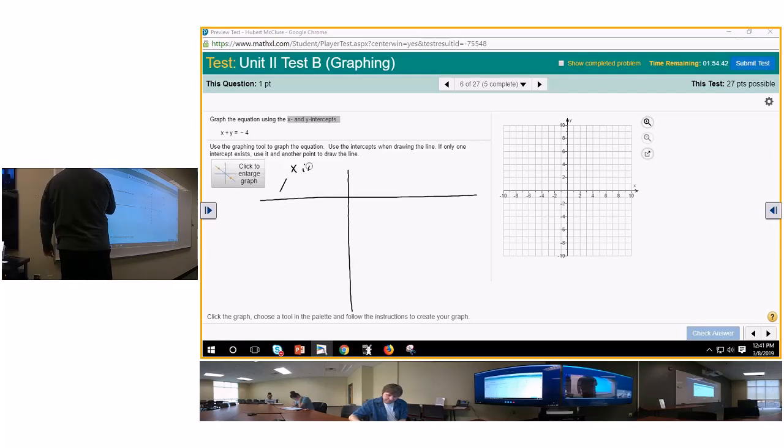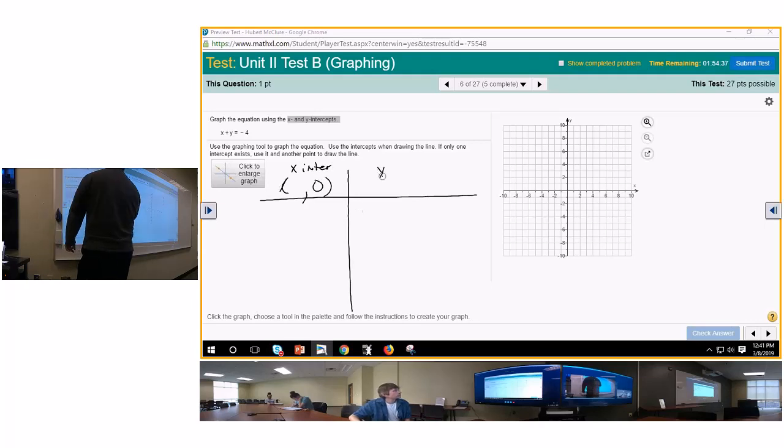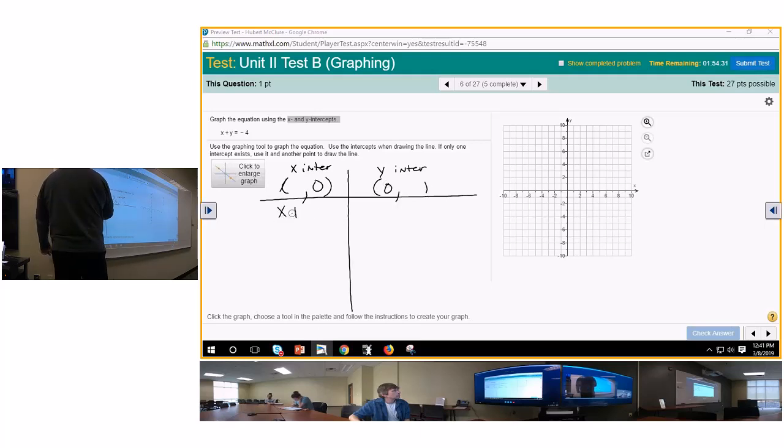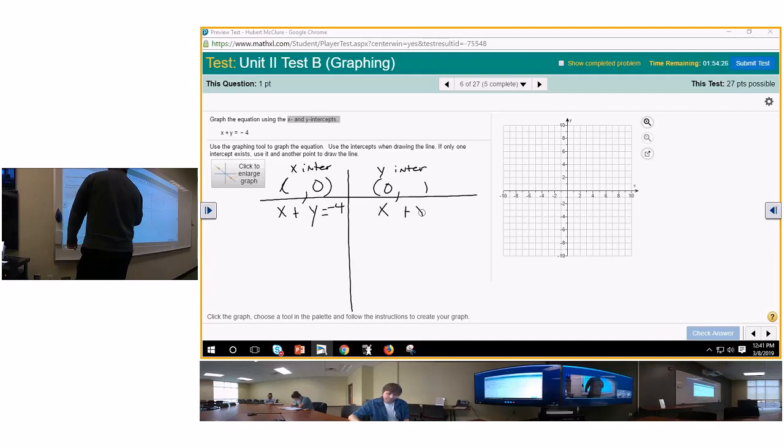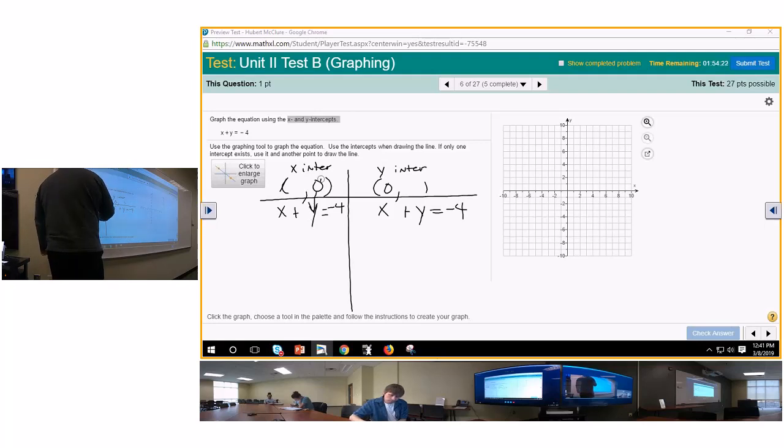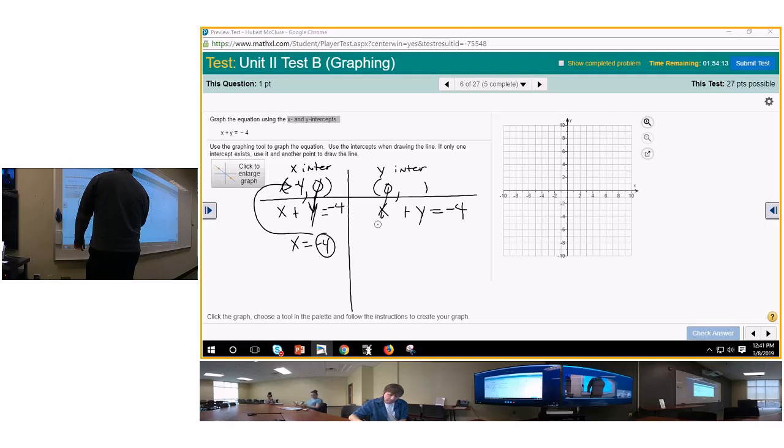A lucky day. X-intercept, 0 for y. Y-intercept, 0 for x. x plus y is equal to -4. That takes that out. x is equal to -4. That takes that out. y is equal to -4.